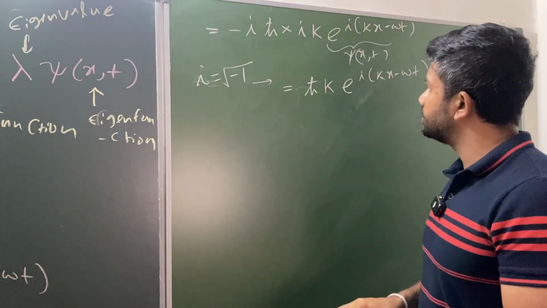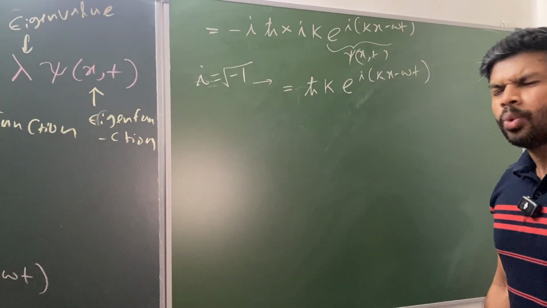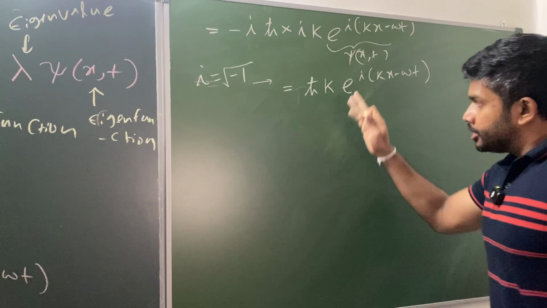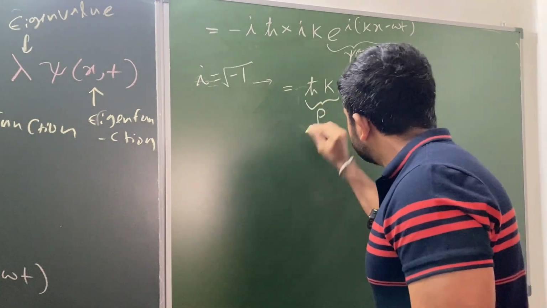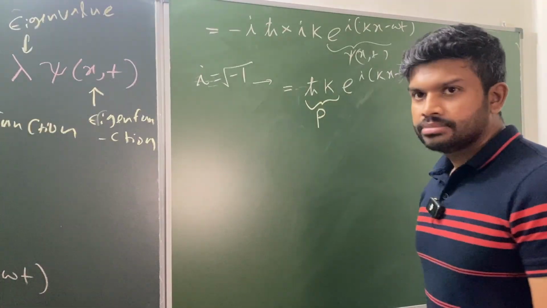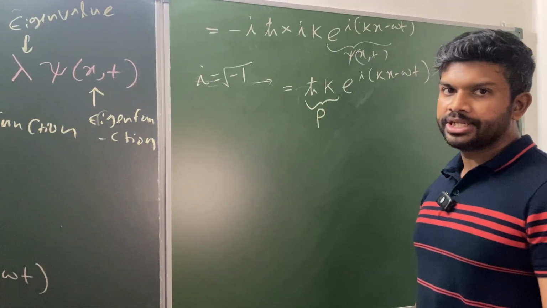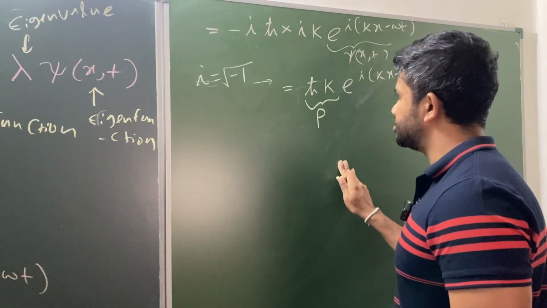Something very, very fascinating has just been derived. Why is it so important, guys? If you carefully look at this, this h bar k represents the momentum itself. If you're someone who has just completed your high school, I think I should help you a bit.